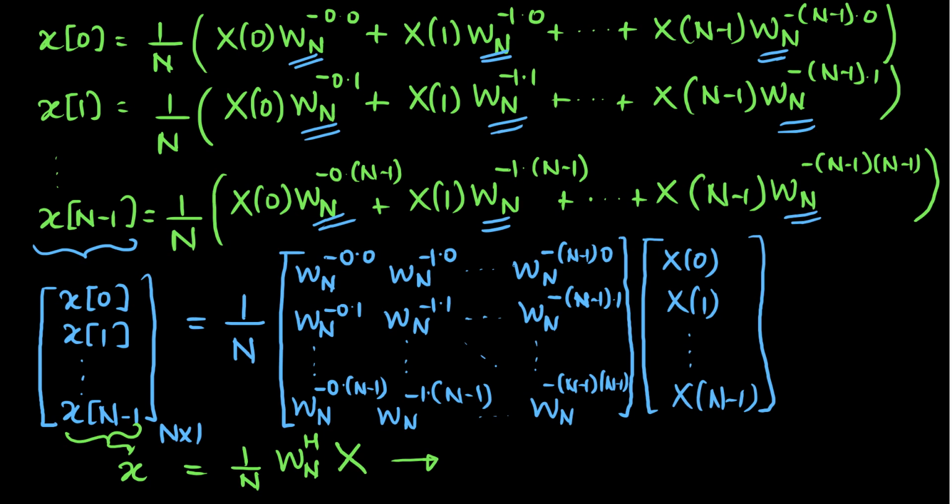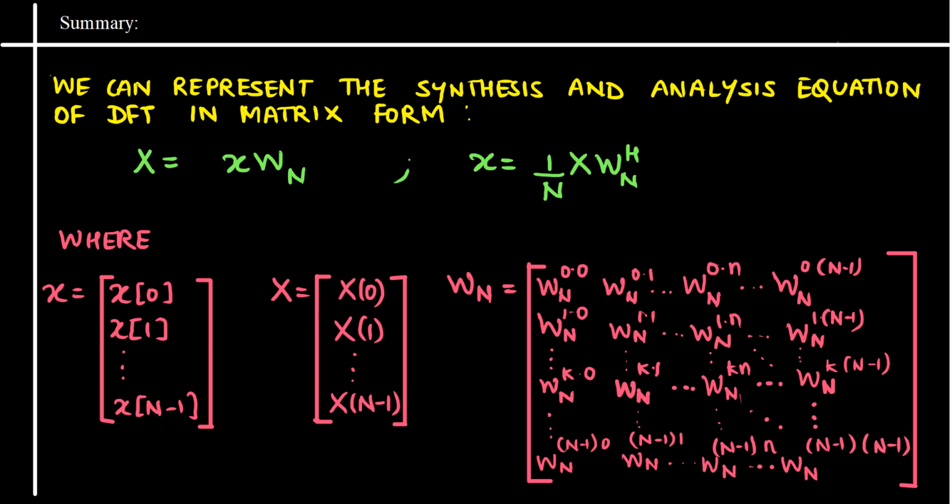So in this lecture we saw that we can represent the synthesis and analysis equation for DFT in the matrix form, and we know that the analysis equation can be represented as capital X equal to x Wn, and the synthesis equation can be represented as x equal to 1 by n capital X Wn Hermitian.